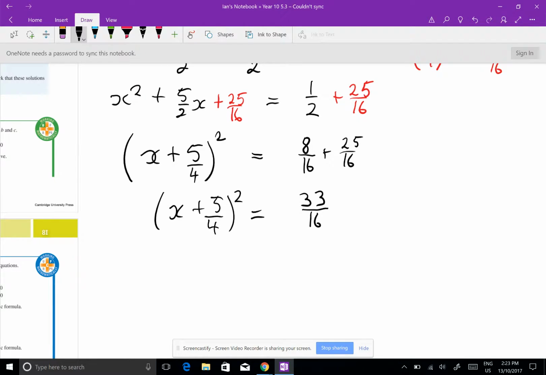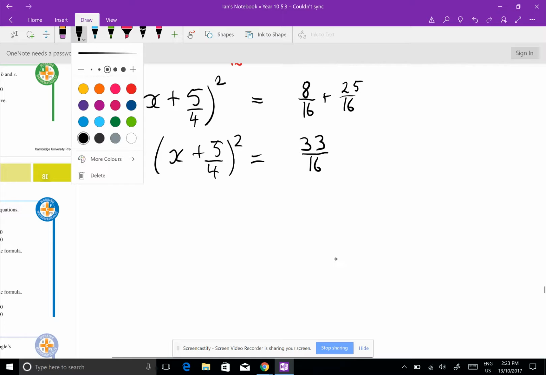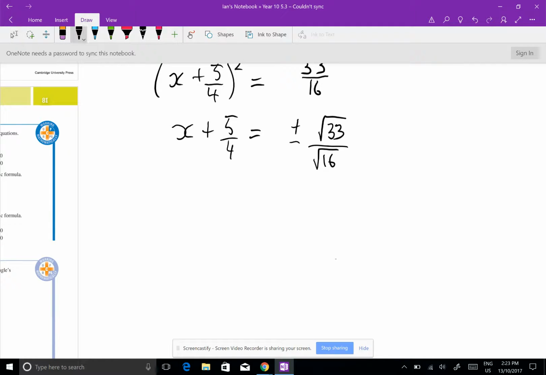And now it's just a matter of square rooting both sides. I won't need that. Square root both sides. x plus 5 on 4 equals plus or minus root 33 over root 16. Could have done that as one whole fraction, but you don't have to. x plus 5 on 4 equals plus or minus root 33 on 4.